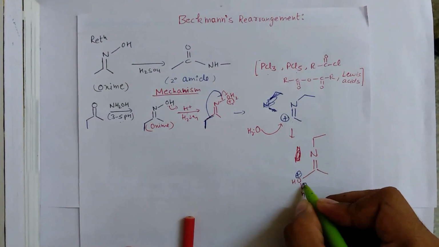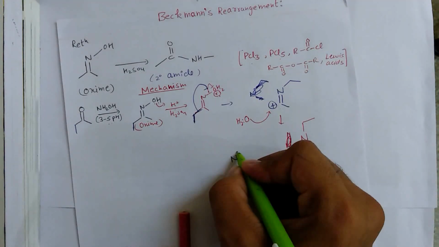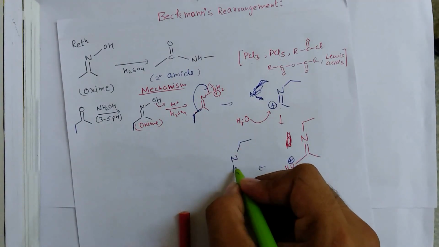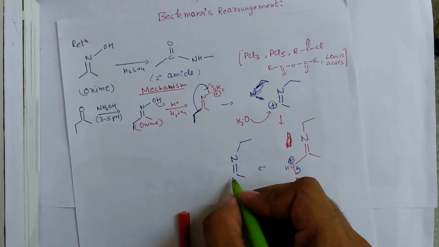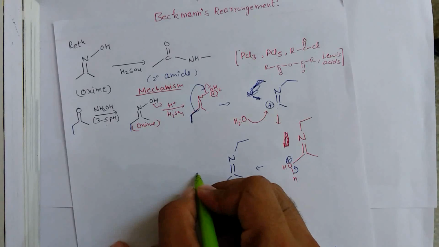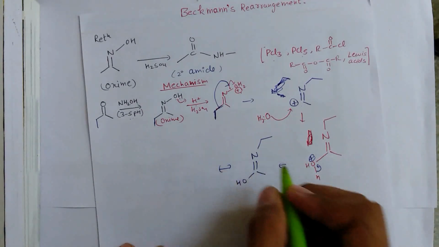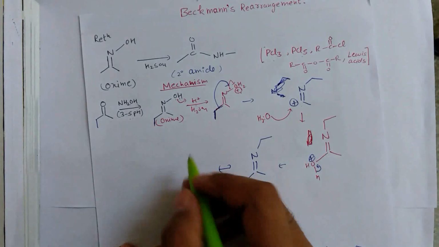Now this hydrogen can be removed, which can easily tautomerize to give you an amide. This hydrogen goes to nitrogen and this double bond goes to here.